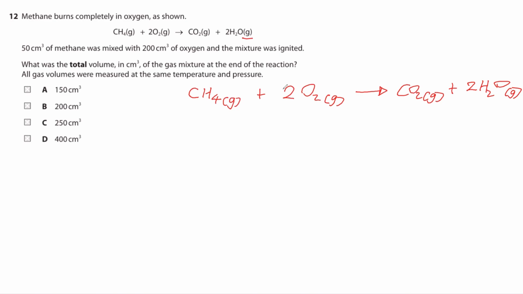50 cubic centimeters of methane. Okay, now we'll go slowly at the beginning. So let's see the initial volume. There's another thing. You know these numbers: in front of CH4 there's no number, which means it's 1. In front of oxygen is 2. In front of carbon dioxide, if there's no number, it is 1. In front of water, this is 2.